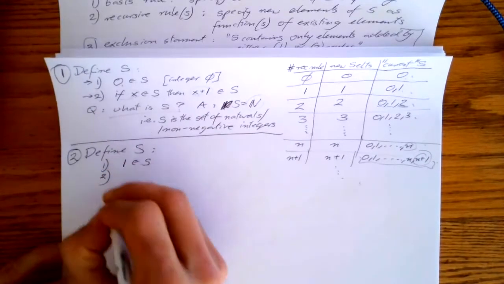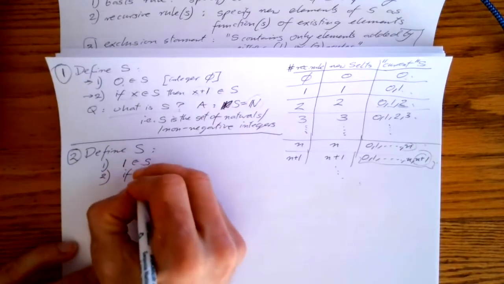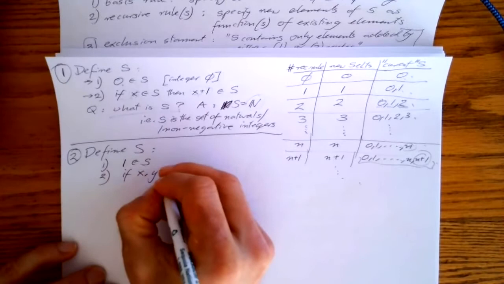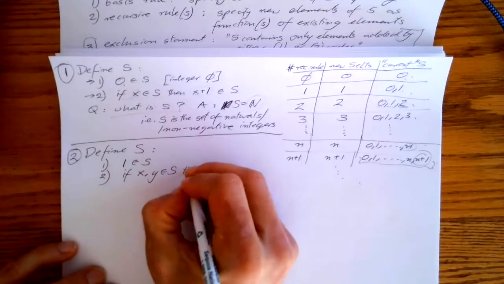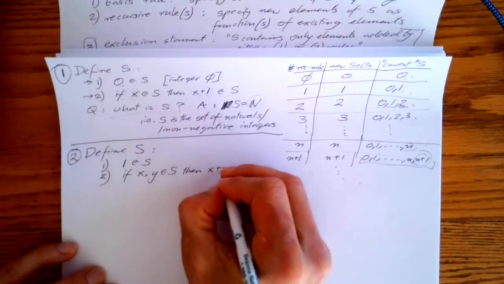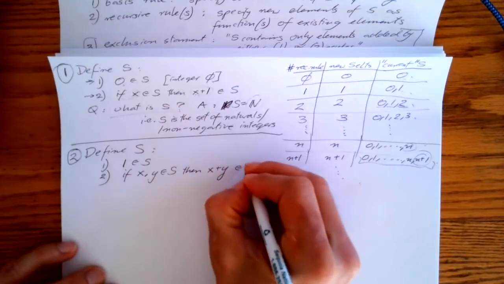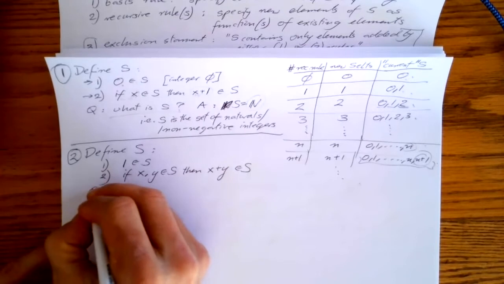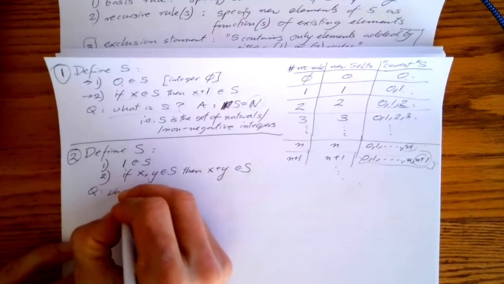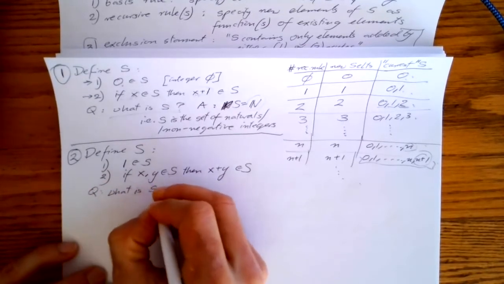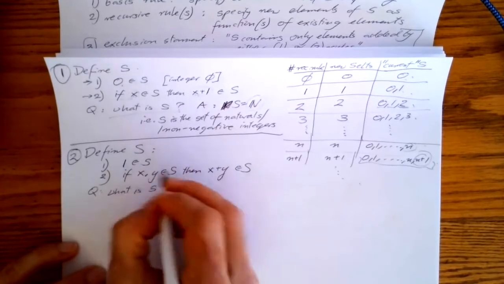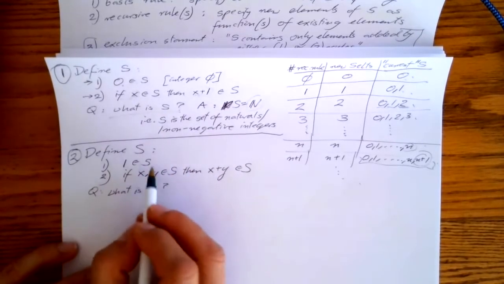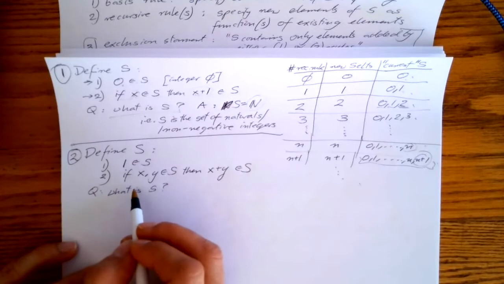And I changed the recursive rule to, if X and Y are in the set, then so is X plus Y. Okay, and that's it. My question, as always, what is S? What set was defined using this recursive definition?